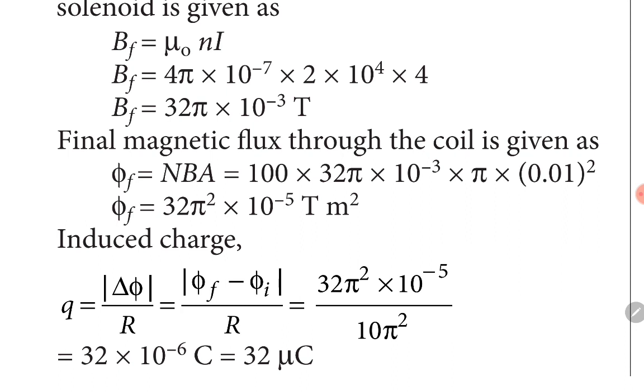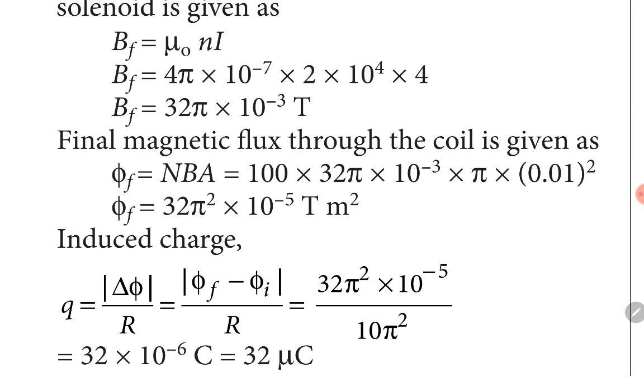Guys, substituting these values and taking the value of magnetic field from above, we'll obtain the value of flux as equal to 32 pi square into 10 raised to minus 5 Tesla meter square. Guys, this is the flux which was flowing initially through the coil, and the final flux through the coil will be 0 because current in the solenoid becomes 0 after time t.